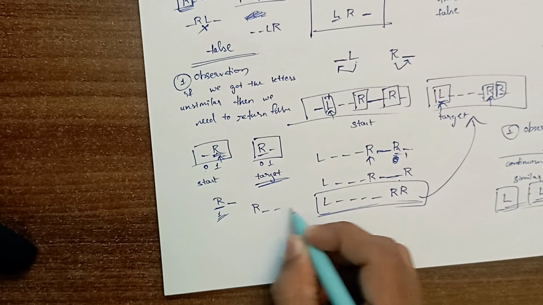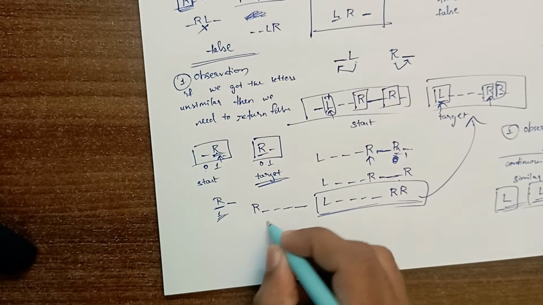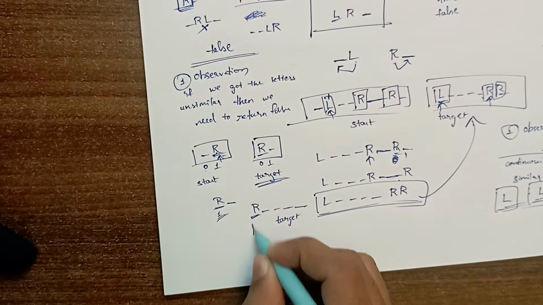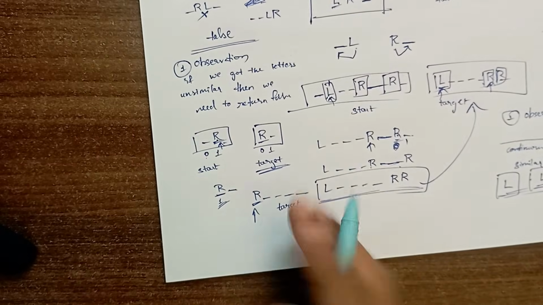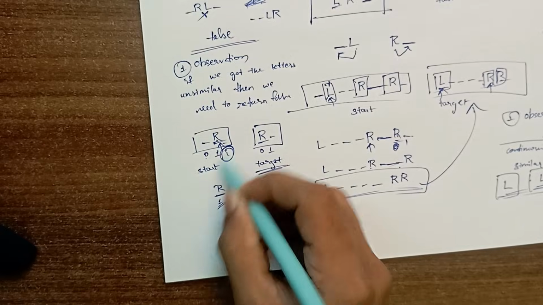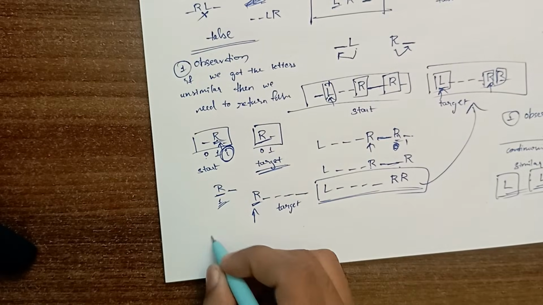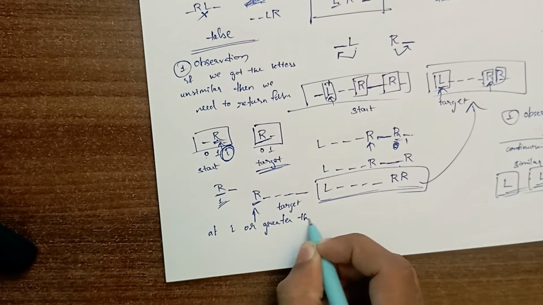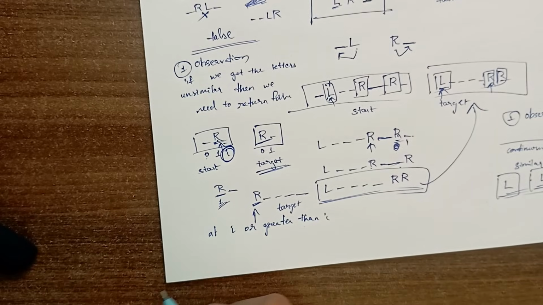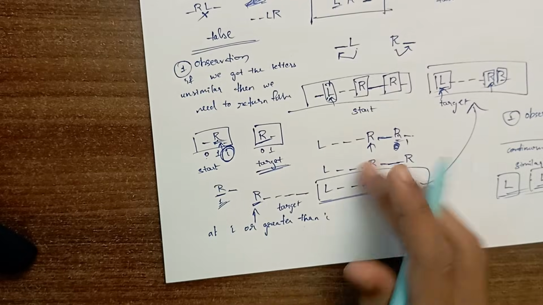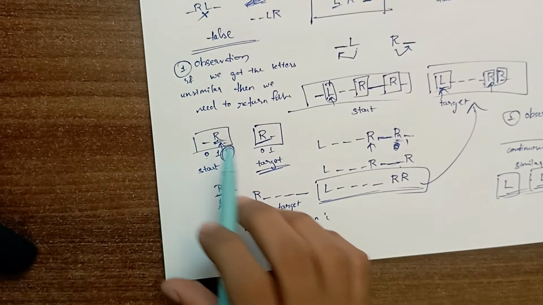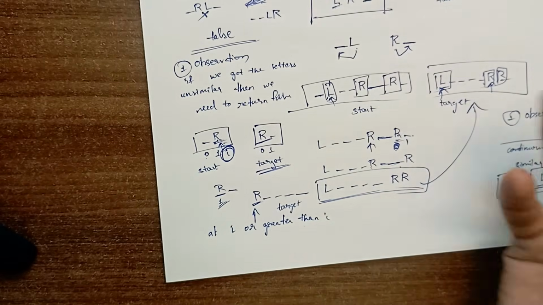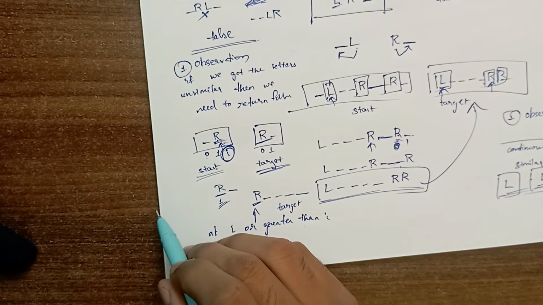If this is I, R should be at I or greater than I. Many people in other solutions or POTD videos don't explain why the position of R in target should be greater than or equal to the position of R in start.